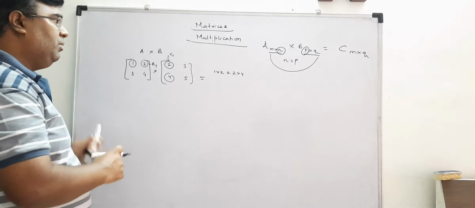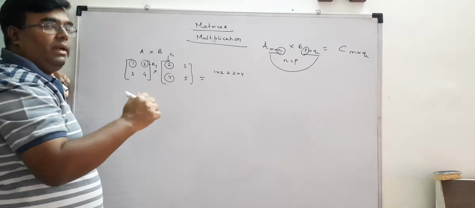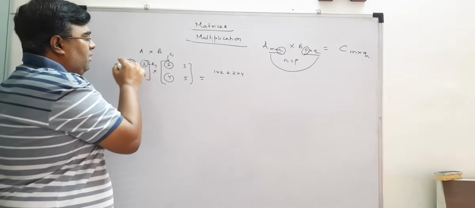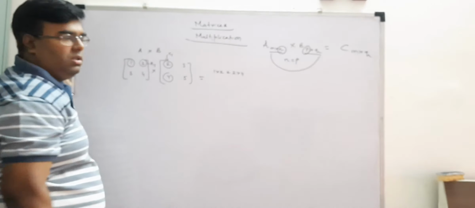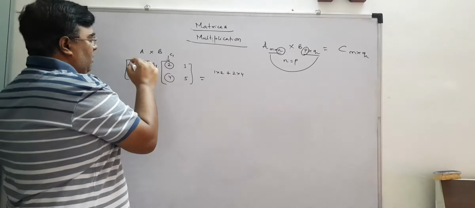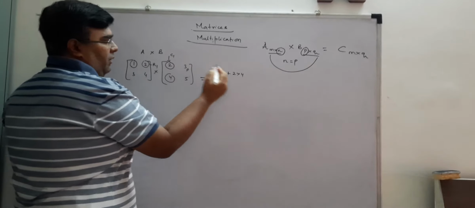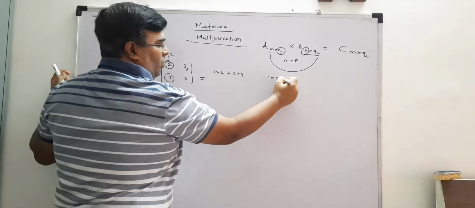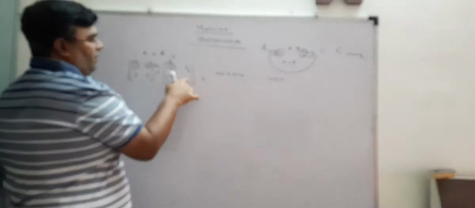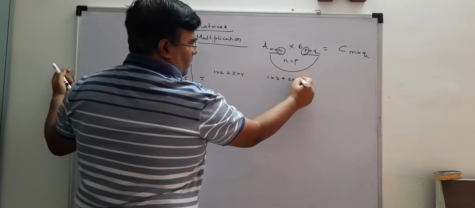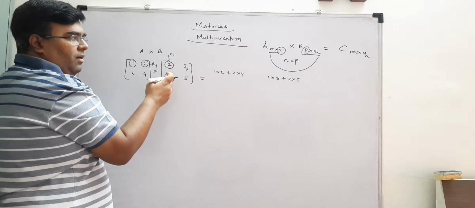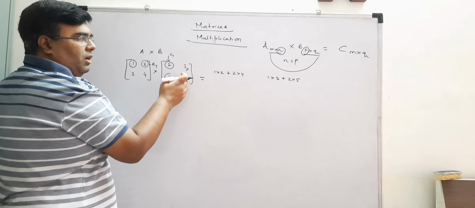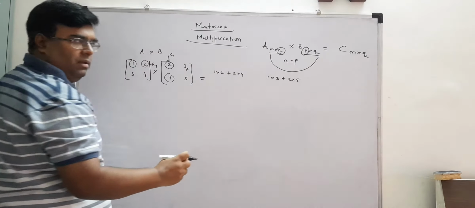If you multiply one row and one column, you get one term. Then for the second term, we have again row 1 and the second column. We will do 1 multiplied by 3, plus 2 multiplied by 5. First row, first column gives me the first row, first column element. First row, second column gives me the first row, second column element.